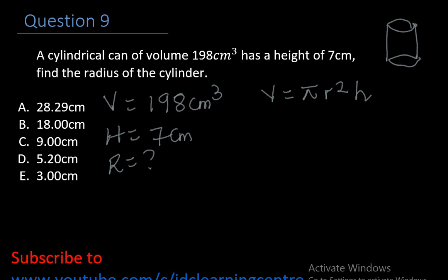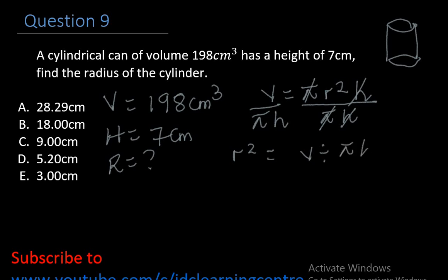But we are made to get the radius, so I'm going to divide both sides by pi and h. The reason why I have to do that is so that this pi will cancel out this pi, and this h will cancel out this h. So radius square will be volume divided by pi h. To get the radius, square root both sides. So this square root breaks this square.